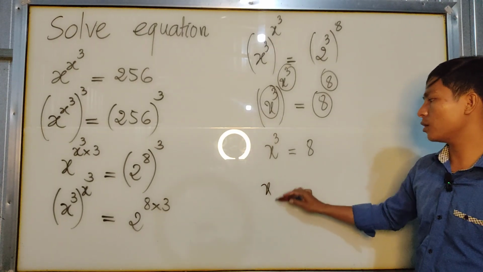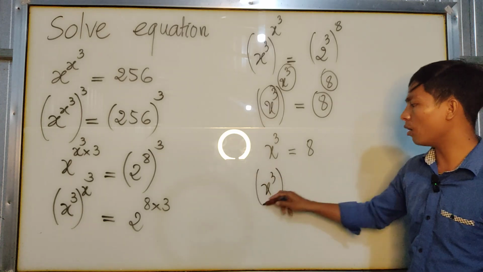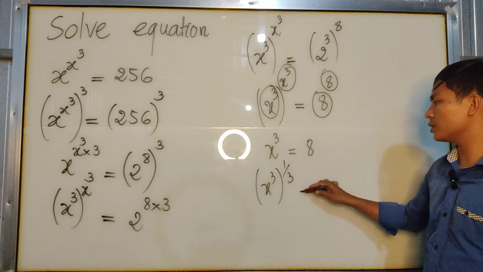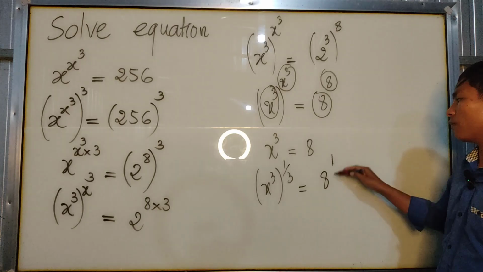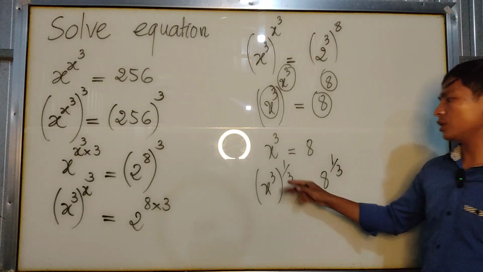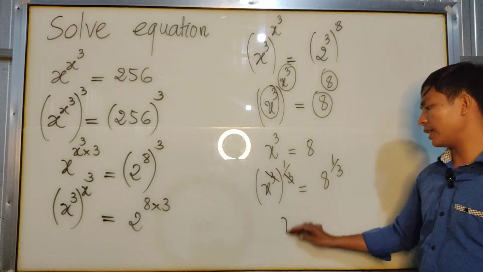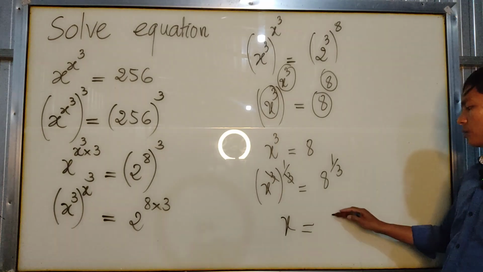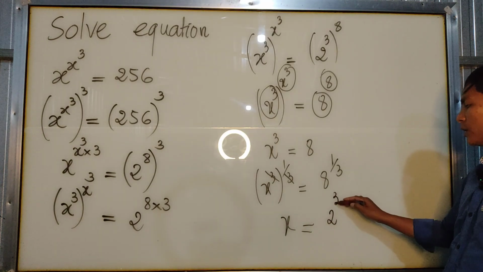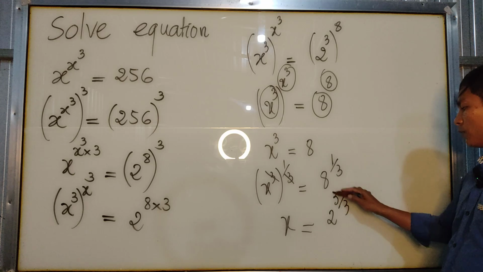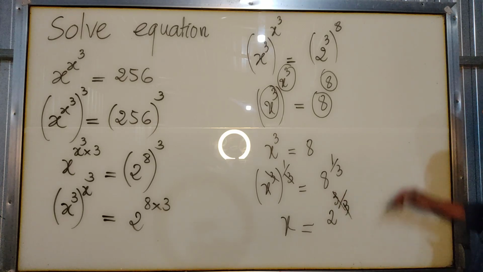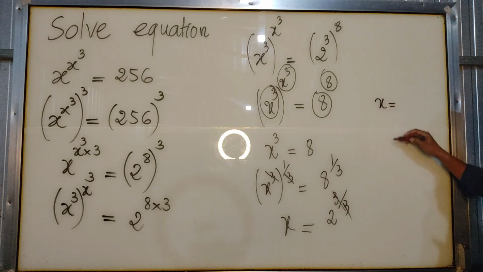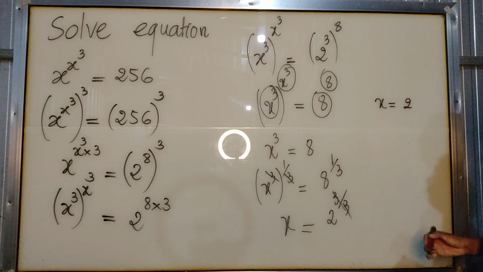So we get (x^3)^(1/3) is equal to 8^(1/3). So we simplify it, we get x is equal to 2.